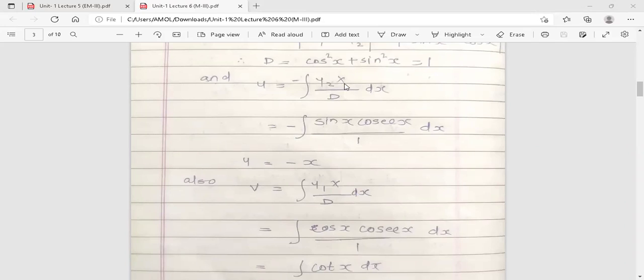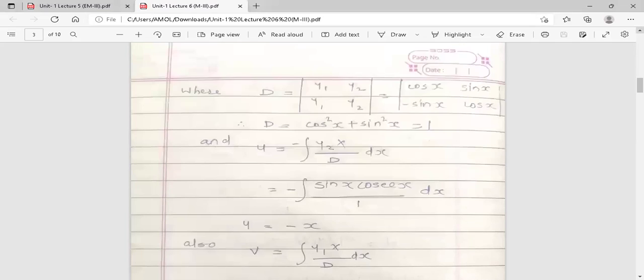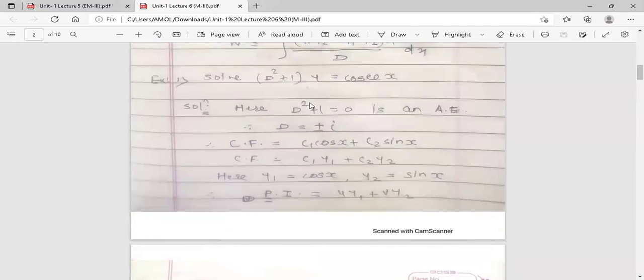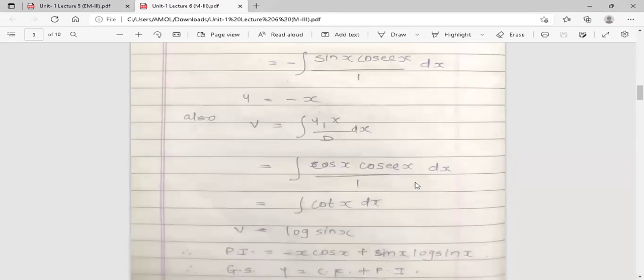And what is the function here? The function is cosec x. In the RHS, the function is cosec x. Capital X is this RHS function, and its value is cosec x here. So you put cosec x.